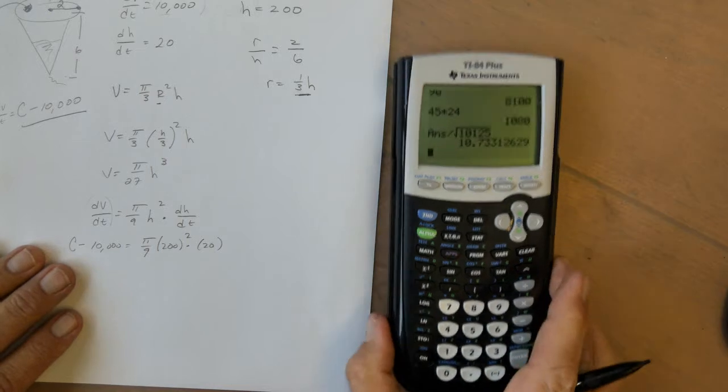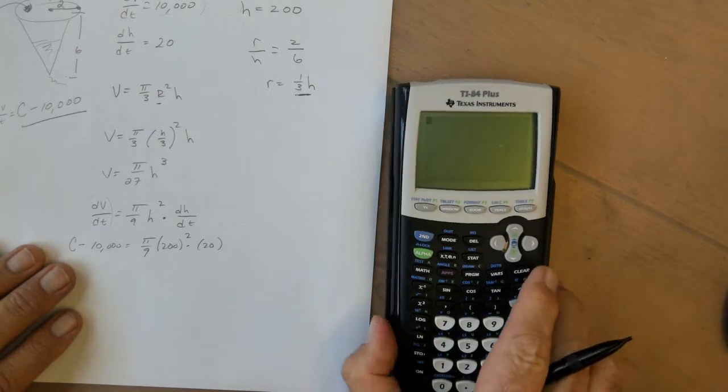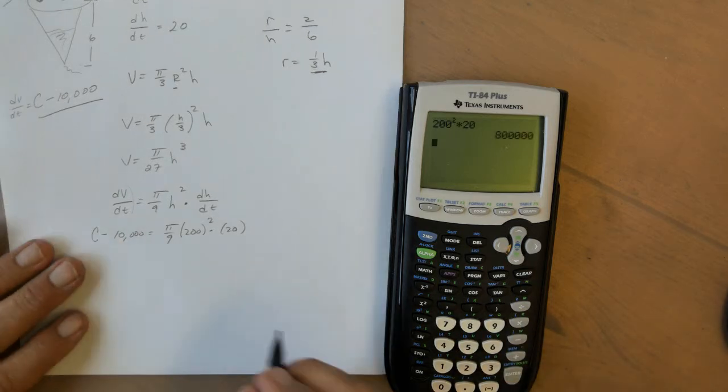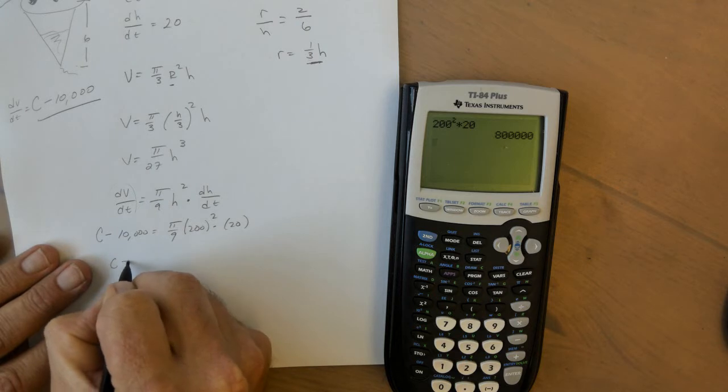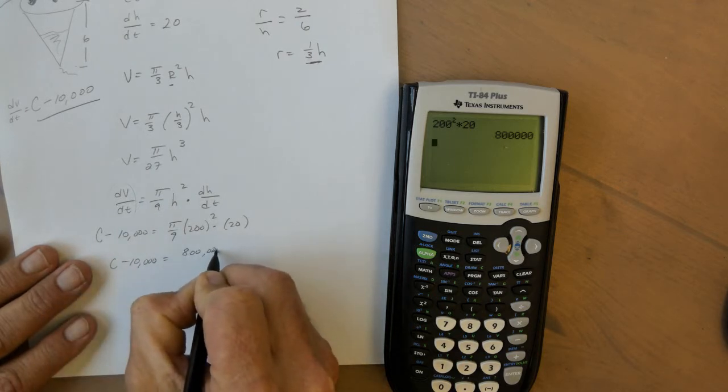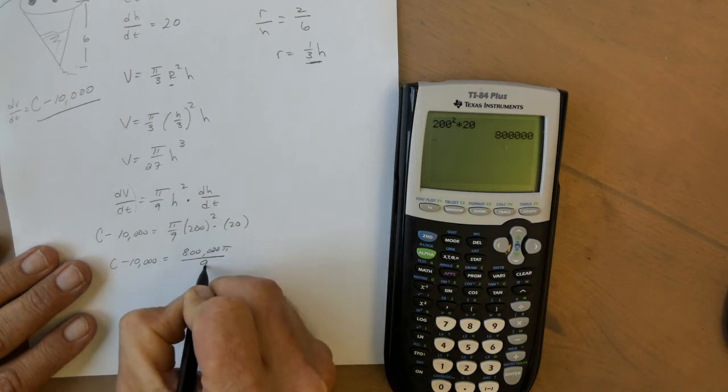Okay, so I'm not going to do this math in my head. So we have 200 squared times 20. So that's 800,000. So we have c minus 10,000 is equal to 800,000 pi over 9.